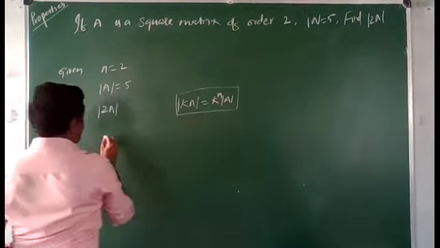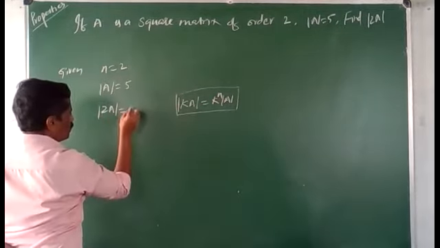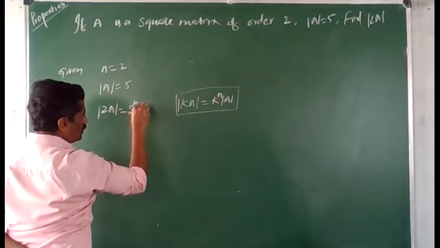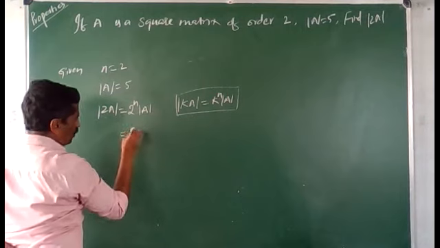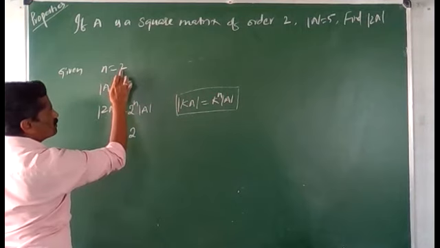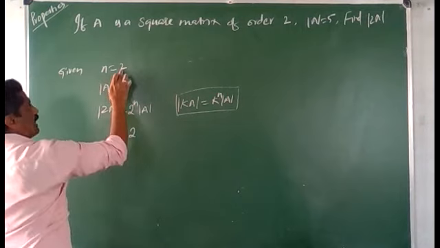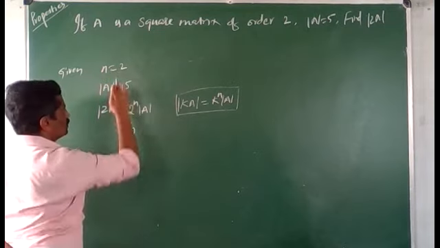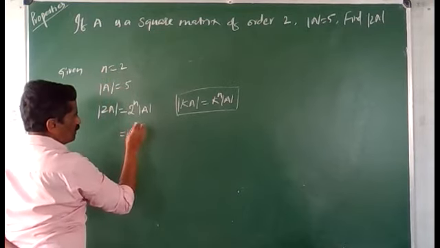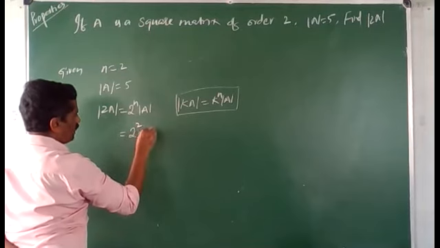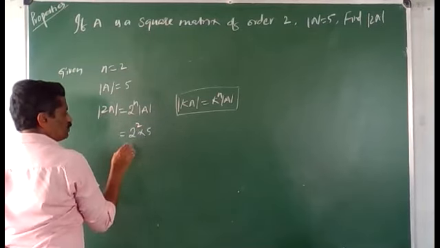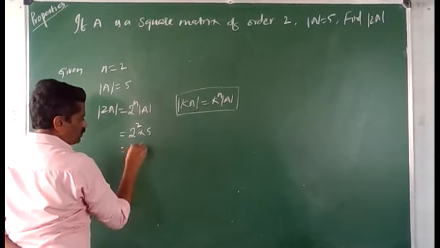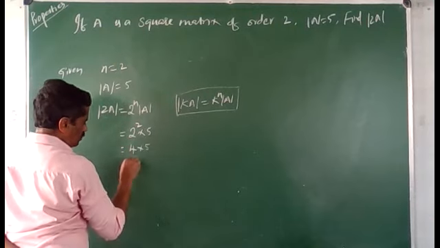You should remember this formula. So here it is 2 to the power of N into determinant of A, where N is 2. That is 2 to the power of 2, which is 4. So 4 into 5 is equal to 20.